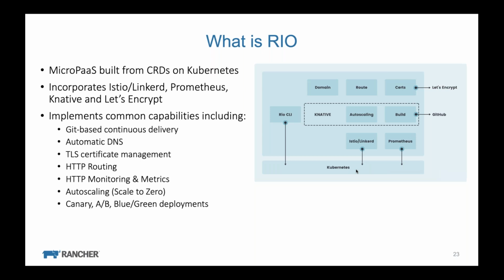So what we've done is come up with an answer for accomplishing people's goals of doing blue-green and canary deployments, Git-based workflows, easily deploying your applications, and getting out of the business of managing TLS at an individual service level. We package that all up, and that's really what Rio is. It's our take on consuming all of the great things coming out of the community in a way that makes sense and delivers what people really need, and that is these advanced workflows.